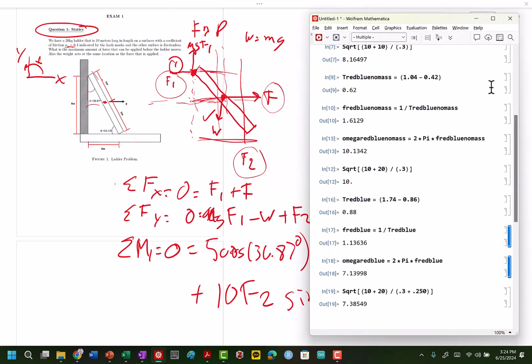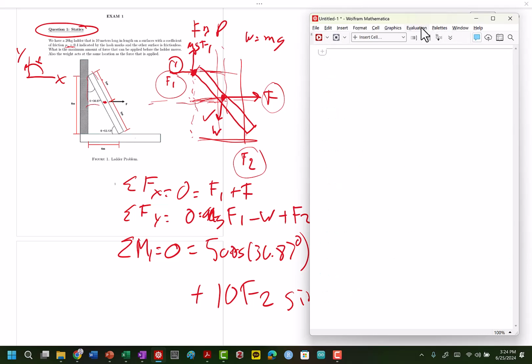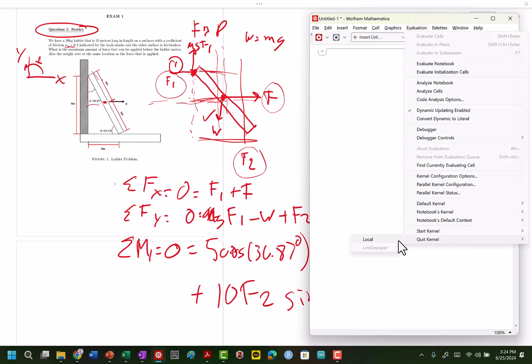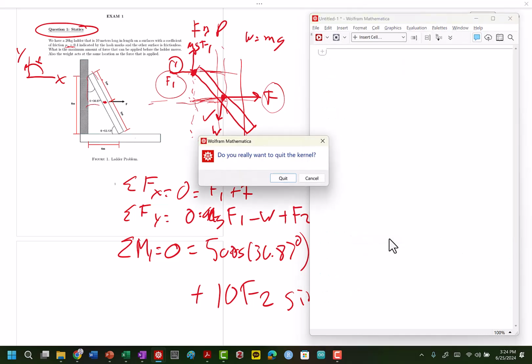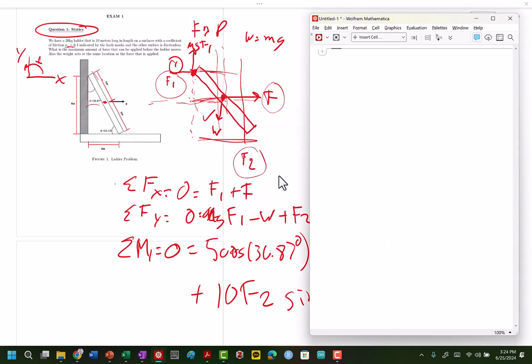I'm going to delete everything, quit the kernel, clear everything, and then let's see what happens. I'm going to say that my mass is equal to 20, my g is equal to 9.8, my weight is equal to m times g, and mu s is equal to 0.4.